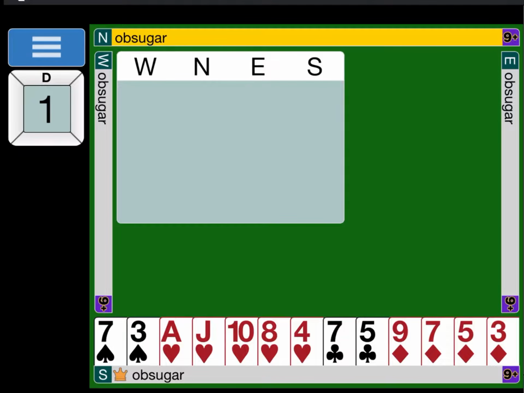For instance, in this hand right here, if our partner opened 1 no trump and it went pass to us, we know exactly what we want to do with this hand, right? What would we do? We've got 5 points and a 5-card major.